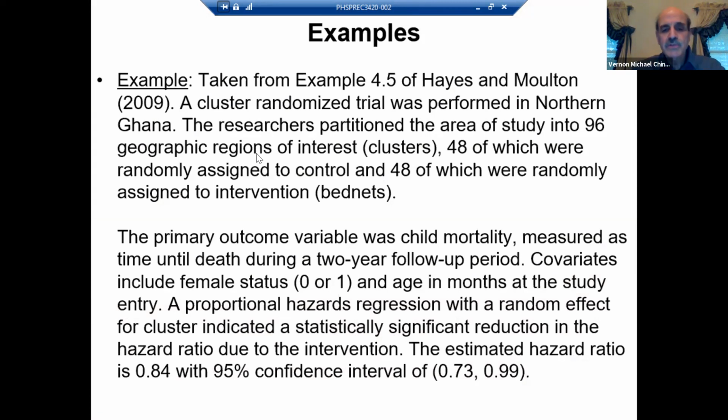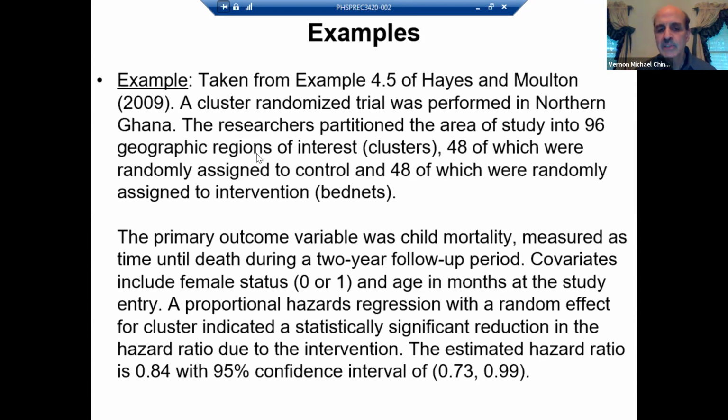This was taken again from Hayes and Moulton's book. This was a cluster randomized trial performed in northern Ghana. The researchers partitioned the area of study into 96 geographic regions of interest. These ended up being the clusters. They randomly assigned 48 of them to control and 48 to the intervention.